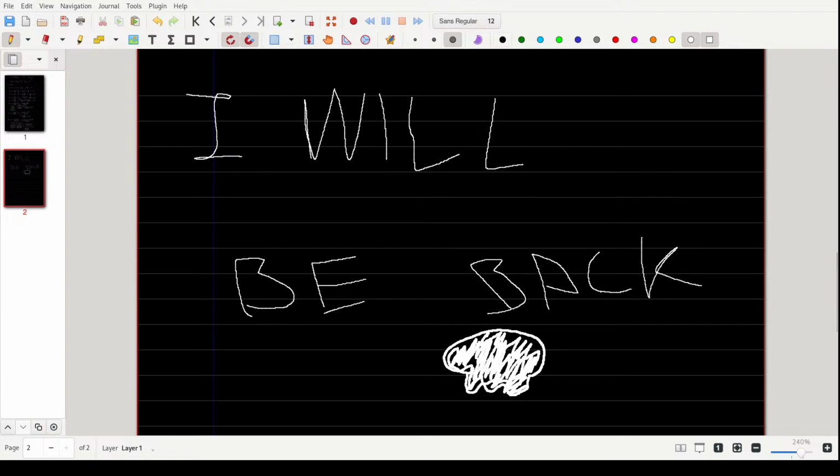And then let's do the black. This is an eye. This is another eye. And this is the nose. So that's a skull emoji. It's a really shit skull emoji, but it's a skull emoji nonetheless.